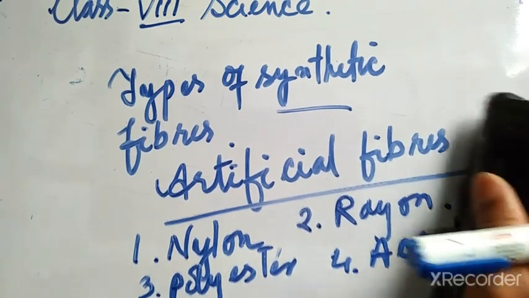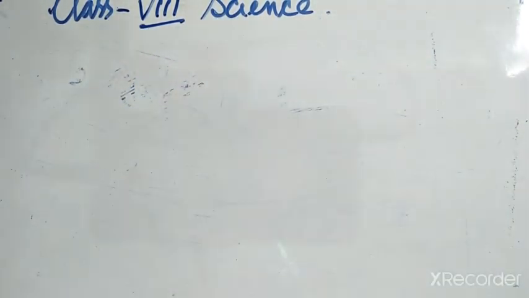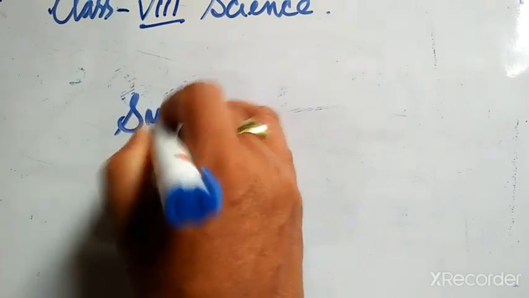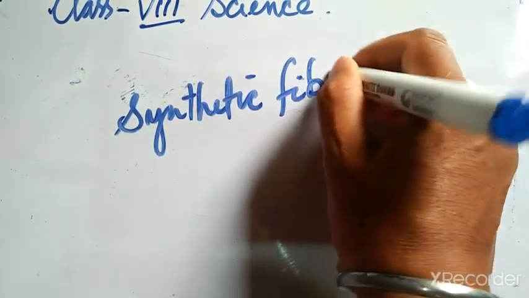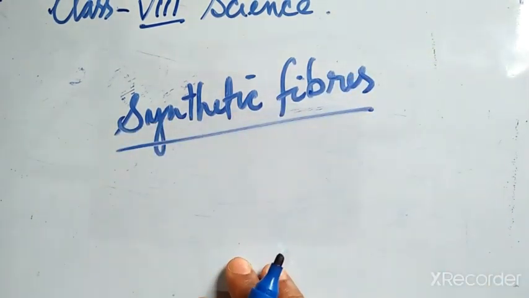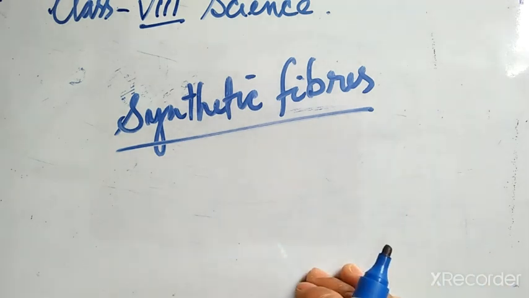So first let's see synthetic fibers. Synthetic fibers are actually man-made fibers. They are made by humans from chemicals.